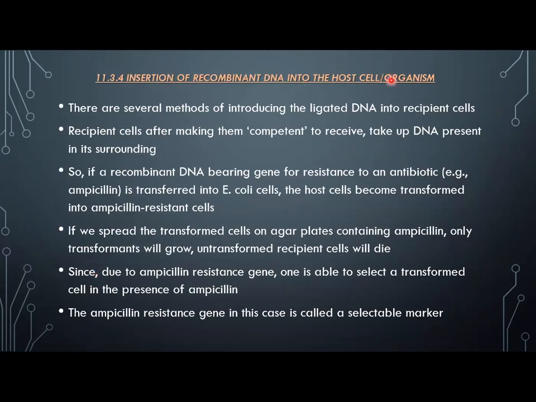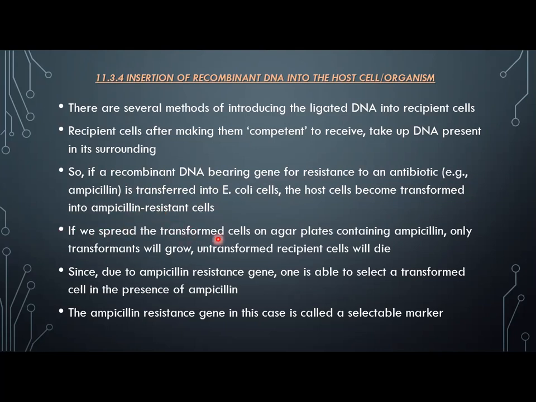Insertion of recombinant DNA into the host cell or organism. There are several methods of introducing the ligated DNA into recipient cells. Recipient cells, after being made competent to receive, take up DNA present in their surroundings. So, if a recombinant DNA bearing a gene for resistance to an antibiotic, for example ampicillin, is transferred into E. coli cells, the host cells become transformed into ampicillin-resistant cells.